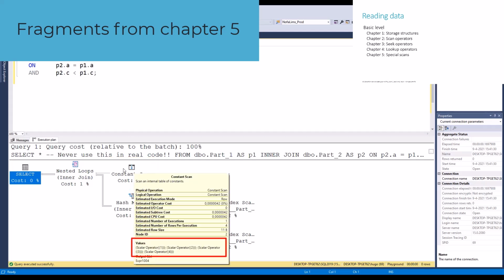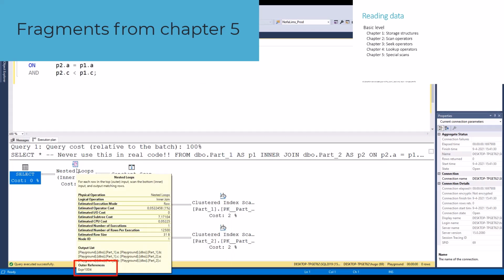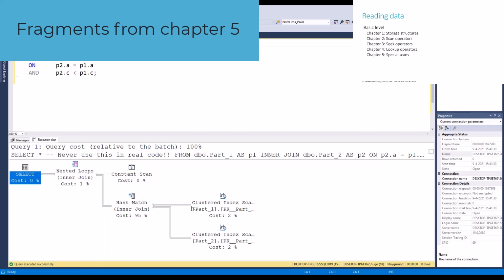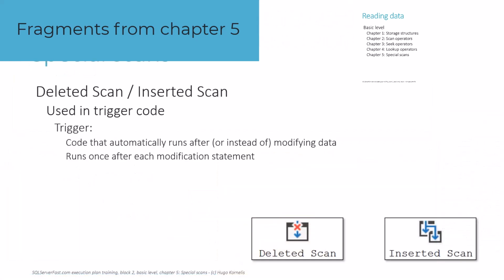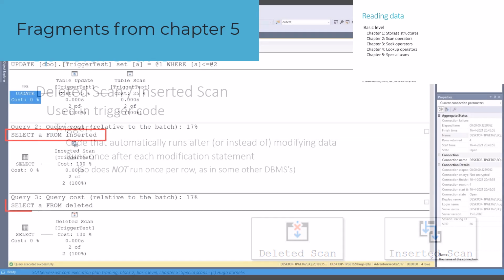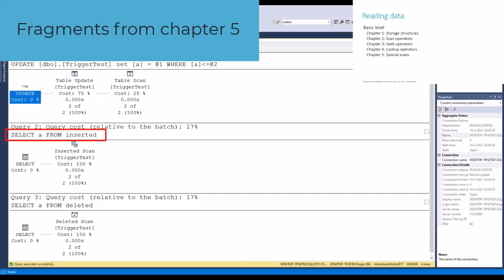But a constant scan can also sometimes be used to support specific optimization strategies, for instance when working with partitioned data. The inserted scan and deleted scan are only used in triggers when the trigger code uses the inserted or deleted pseudo-tables to access rows that were affected by the data change operation that caused the trigger to fire.